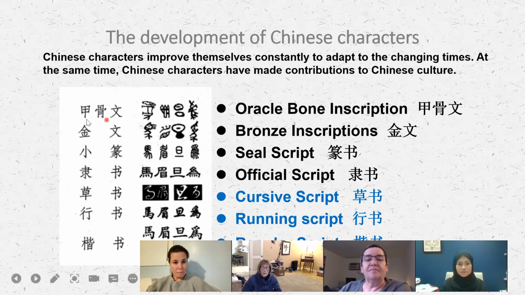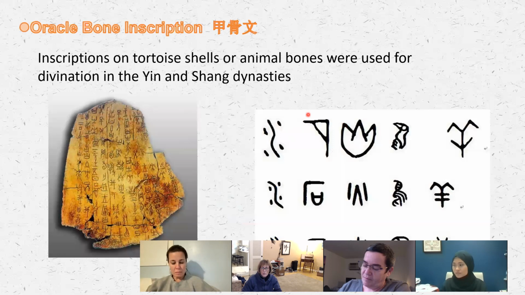So we can see this one is 甲骨文, oracle bone inscription. These inscriptions on tortoise shells or animal bones were used for divination in the Yin and the Shang dynasty.